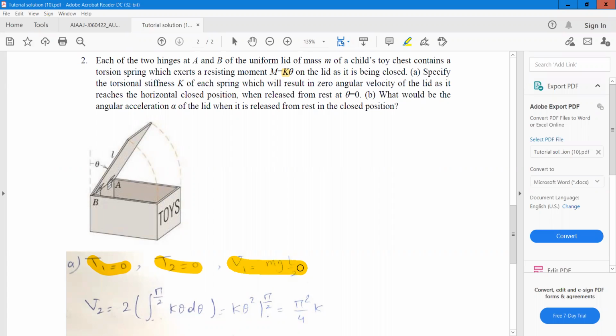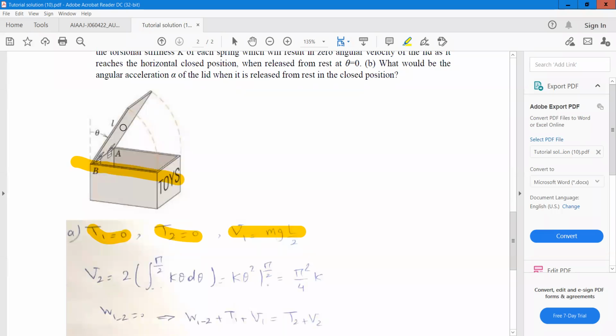The initial potential energy, when the lid is in a vertical position, or theta equal to 0 position, if we assume that this is the datum level, will be mgL divided by 2, where L is the length of the lid, and the position of the mass center for the lid is exactly at the center of this lid. So it will be mgL divided by 2.